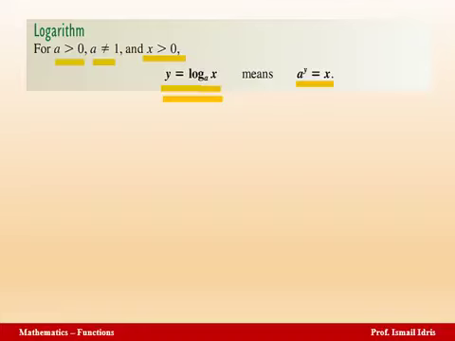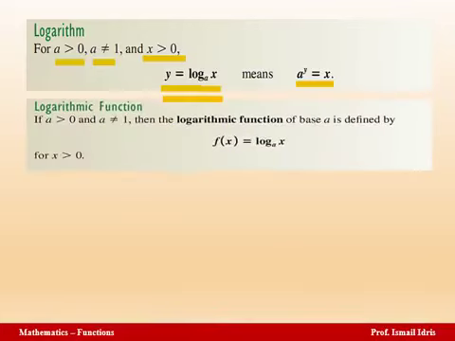We can take this function y and we define what we call the logarithmic function. So log x with the base a, we call it the logarithmic function. What does the graph of this logarithmic function look like?